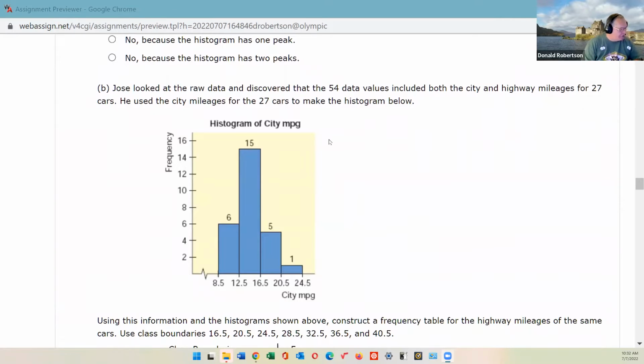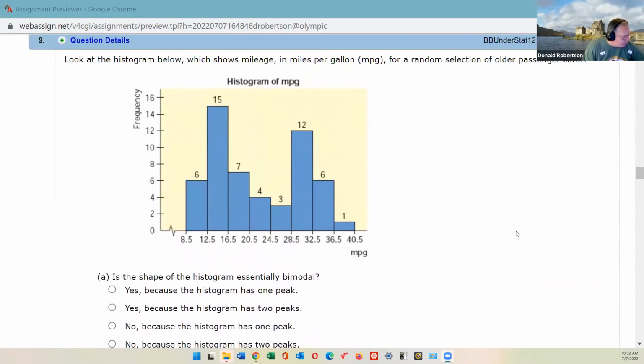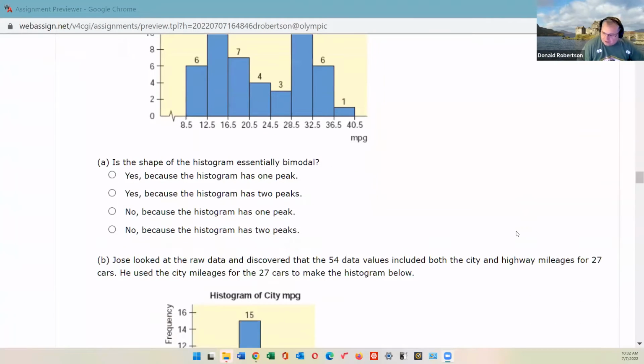One car got that. That's a really cool car if you could get that. Josie looked at the raw data, the original numbers, and discovered that 54 data point values included both the city and the highway mileage. So the data was actually 2 numbers. If you drive your car on the motorway, you get much more miles per gallon than if you drive it in the city.